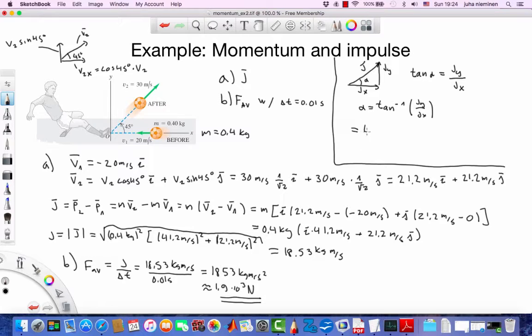Let's put the values in. So inverse tangent of the y component, that is 21.2 meters per second times 0.4 kg, divided by the x component, so that's 0.4 times 41.2.